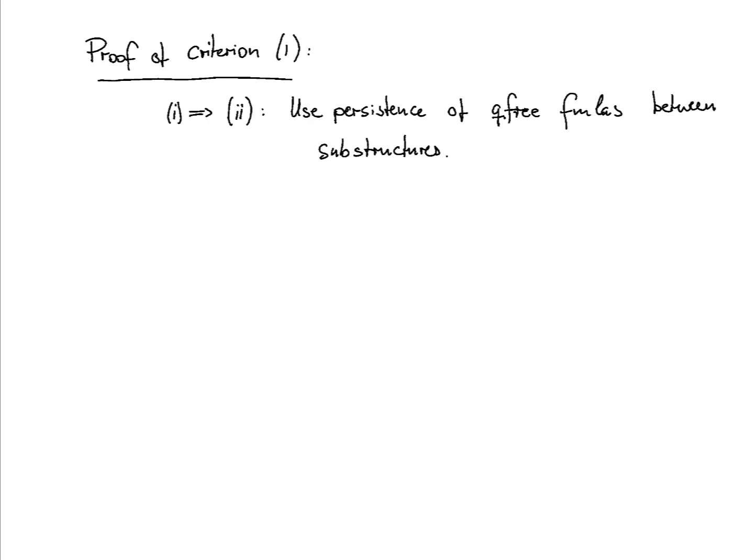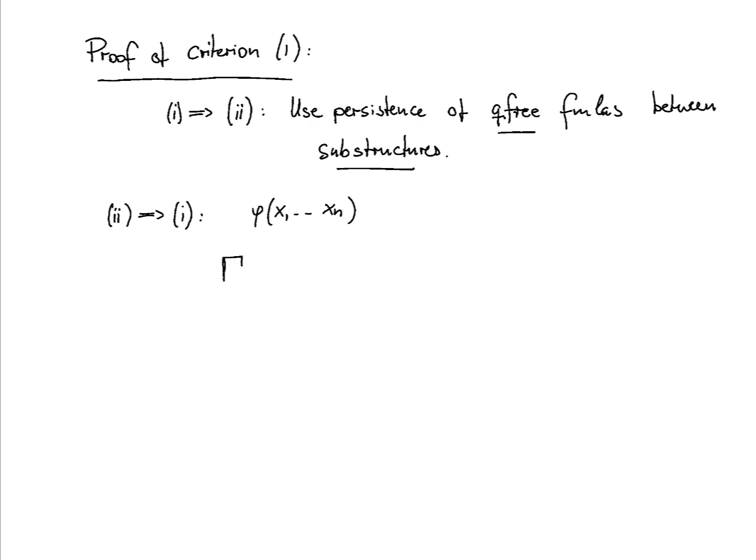So we give the basic ideas for the proof of this criterion. One direction is not hard at all, namely from 1 to 2, that just uses the persistence of quantifier-free formulas between substructures. The direction from 2 to 1 is quite a bit harder. So here we have our formula phi of x1 up to xn, and we start by collecting the quantifier-free implications of phi over T in a set of formulas.